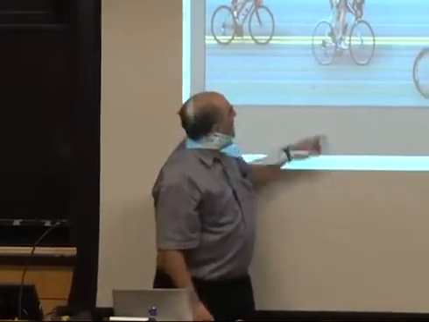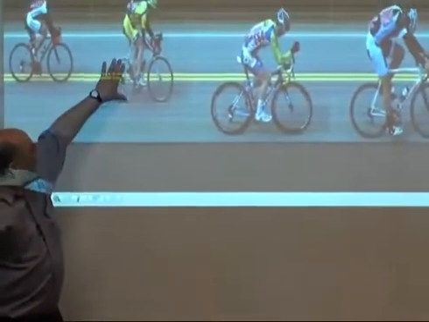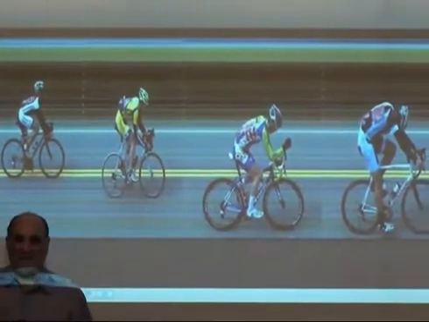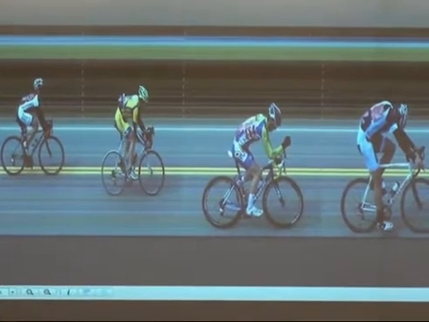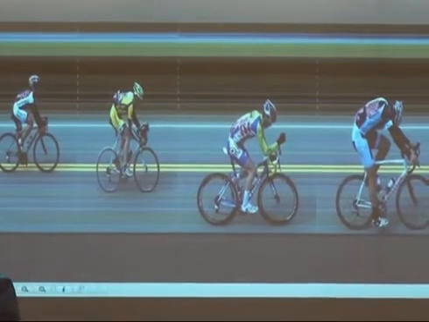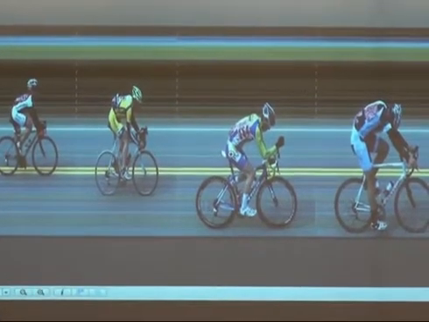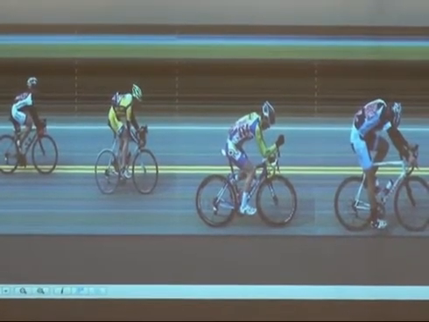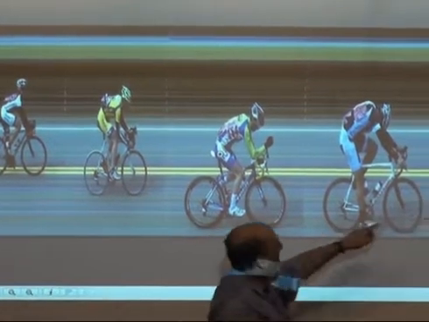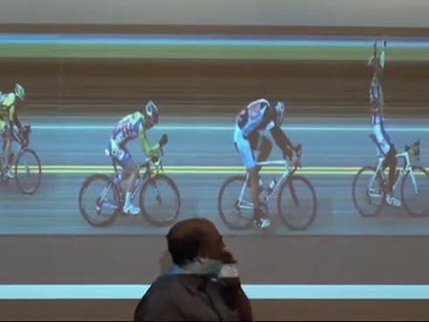So the fast riders get tall wheels because they zip by the film and only occupy a small part of the film, and the slow riders get big fat wheels, relatively fat. So here's Jonah, my next door neighbor, first place in this race.